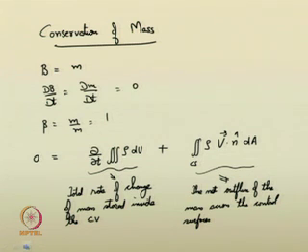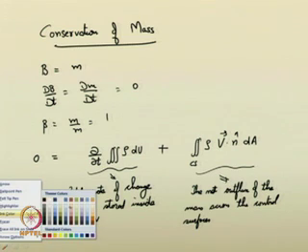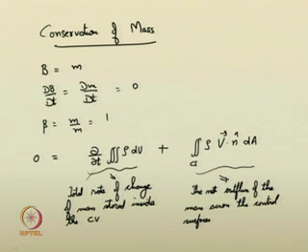Now, recall the assumptions given in gradually varied flow. As we have suggested, the flow is steady. So, definitely this quantity vanishes.